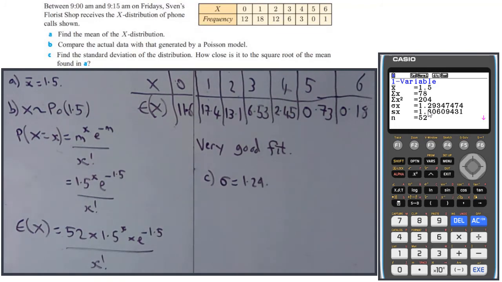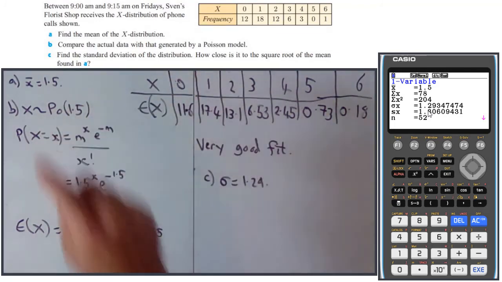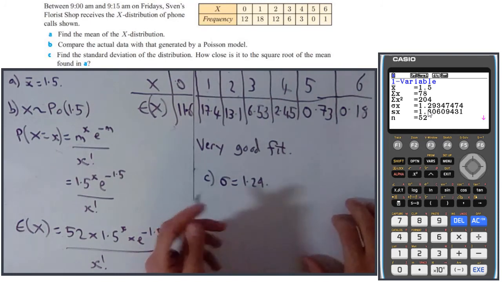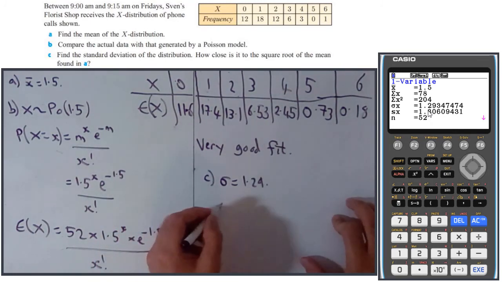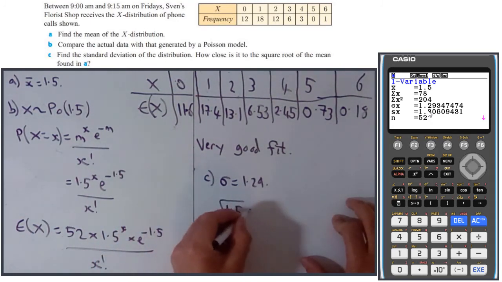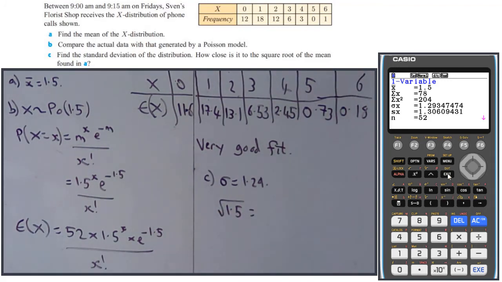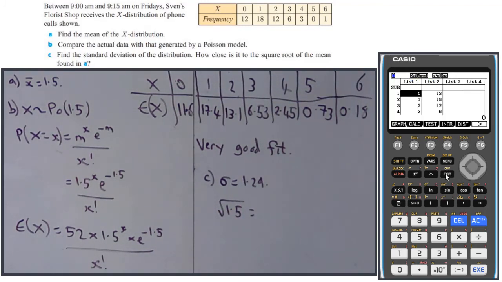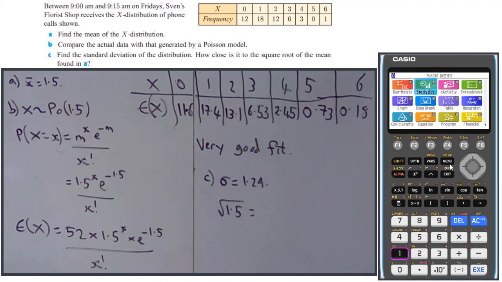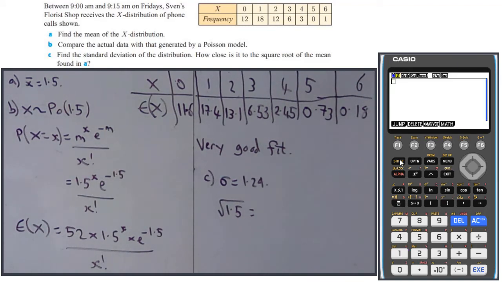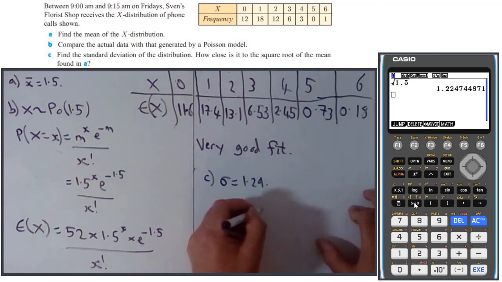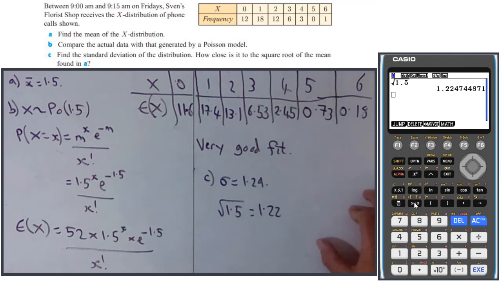And according to a Poisson distribution, the variance is 1.5, and the standard deviation would be the square root of 1.5, which equals 1.22, which again is pretty close.